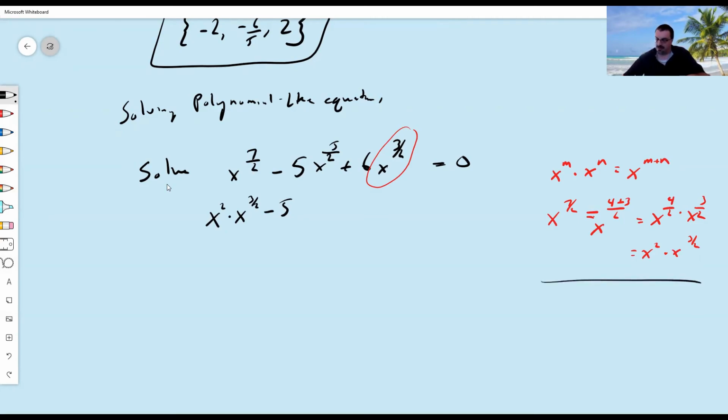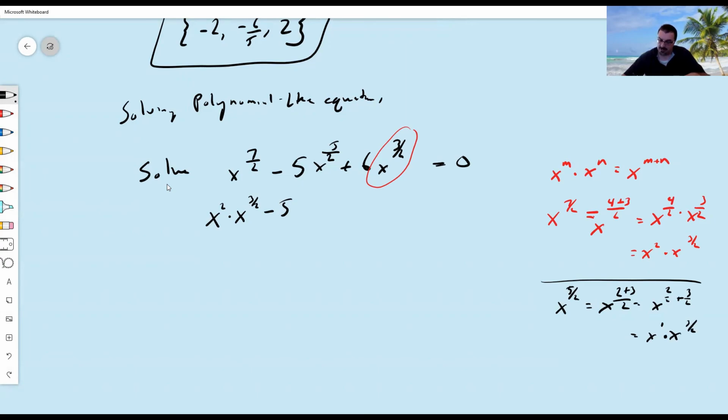Let's look at x to the 5 halves. If I rewrite that as what adds to 5 halves, I do 2 over 2 plus 3 over 2, x to the 2 over 2 plus x to the 3 halves, or x to the 1 times x to the 3 halves.